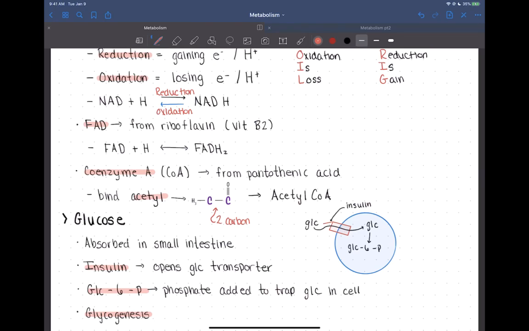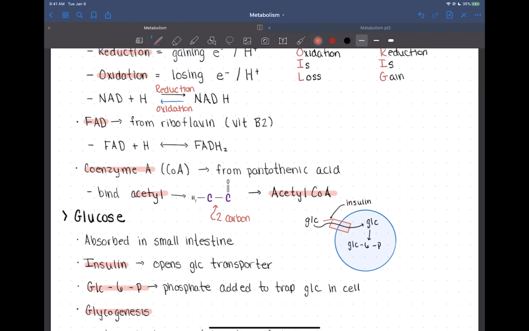And so when we get to a 2-carbon molecule, that will be our acetyl, and that can bind to CoA, and it can become acetyl-CoA. Okay, and so then that CoA just functions to carry that acetyl group to the next step of our process in aerobic respiration. All right, so those are our coenzymes. We have 3, NAD, FAD, and coenzyme A.